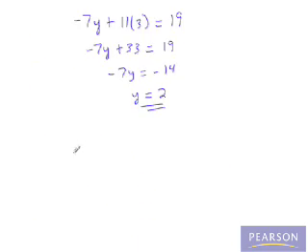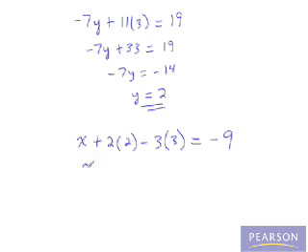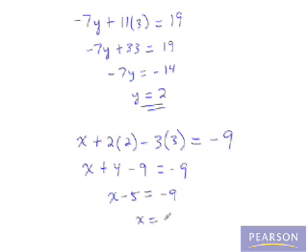So recopying equation 1, making our substitutions, we'd have x plus 2 times 2, minus 3 times 3, and that is equal to negative 9. x plus 4 minus 9 equals negative 9. Positive 4 and negative 9 make negative 5. That's equal to negative 9. And finally, we will add 5 to both sides, giving us x equals negative 4.